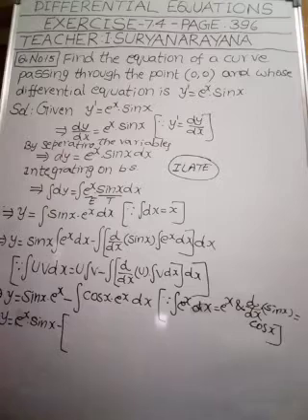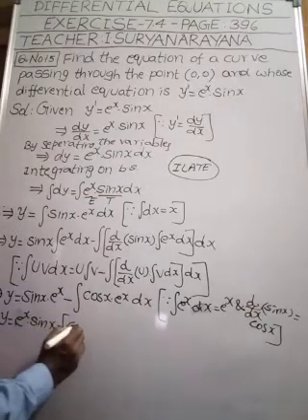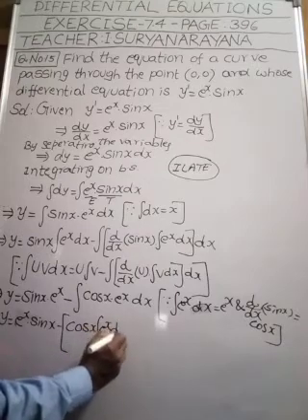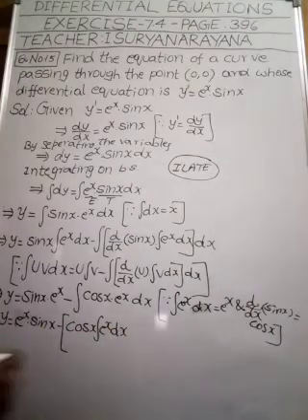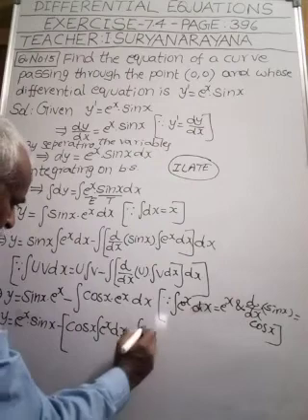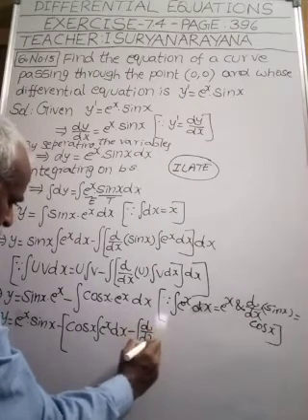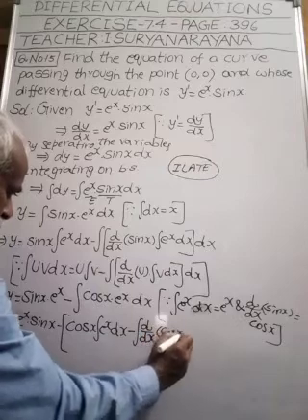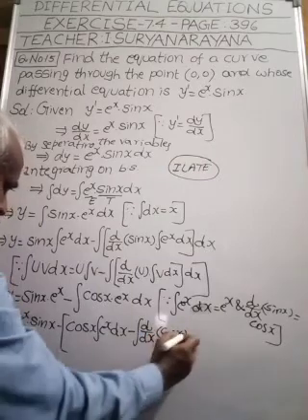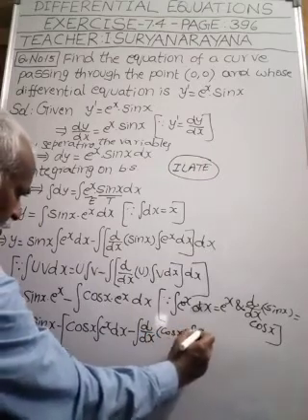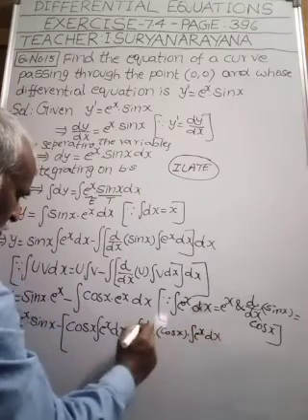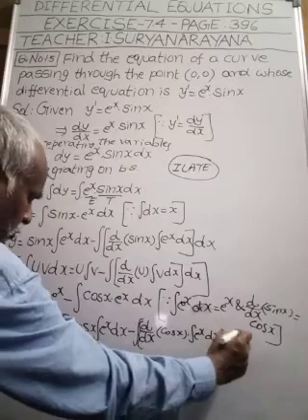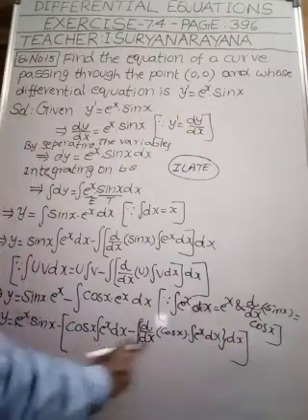First function cos x into integral of the second function, minus integral d by dx of cos x into integral e power x dx, whole dx. Understood this step, my children?